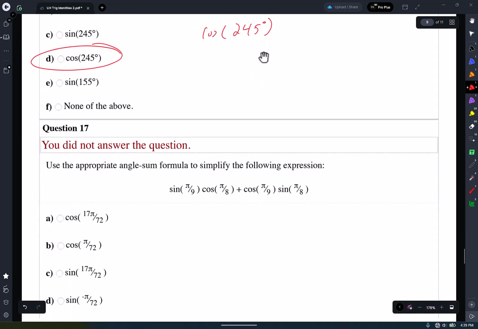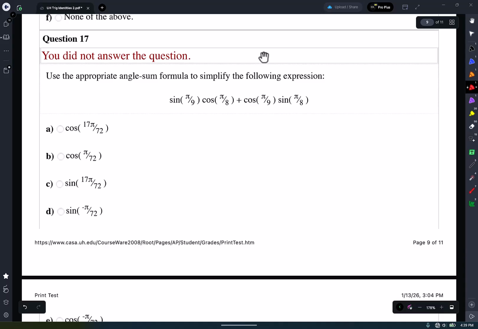Okay. Next one. Sine pi over 9, cosine pi over 8 plus cosine pi over 9, sine pi over 8.